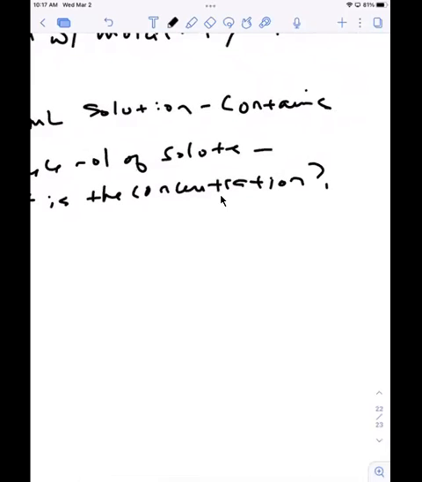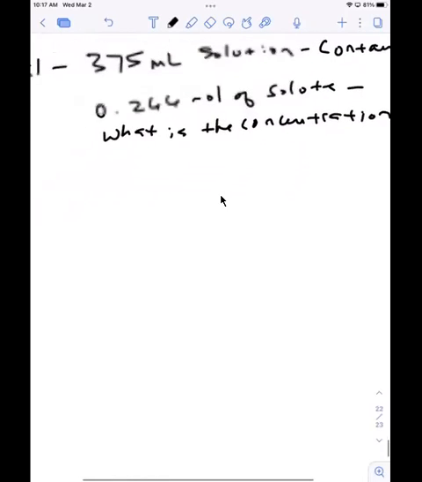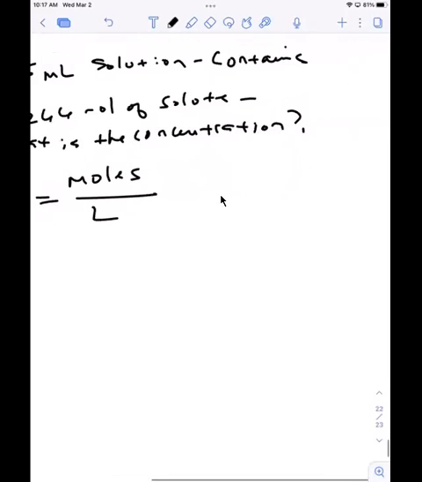Right. So this is a very basic calculation. If we think about the concentration M being moles over liters, well, you have moles of solute and liters of solution.